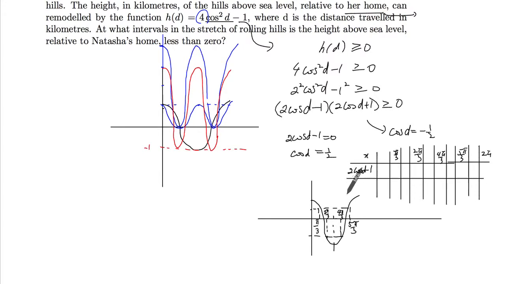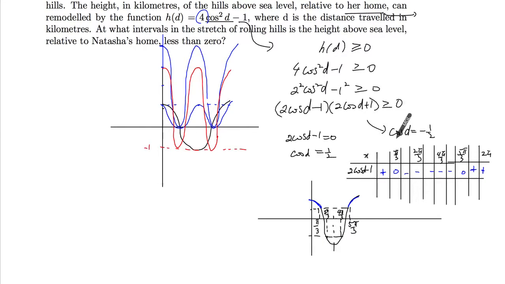From the picture, we can see that it is bigger than half right here and right here. So positive here and positive here. Right there it's equal to 1, positive. And everything in between is negative. It's equal to 0 here and here.